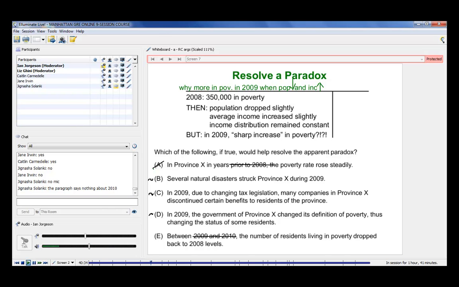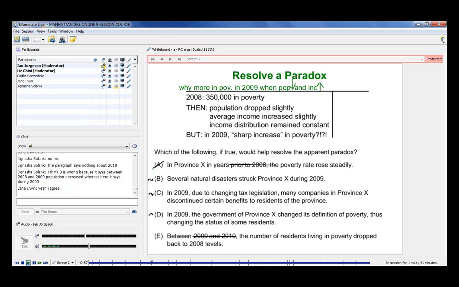Wow, I'm just getting a wall of silence from you guys. Well, I've got a problem with that, because where does B say that the population decreased between 2008 and 2000? Oh, whereas here it says during 2009.